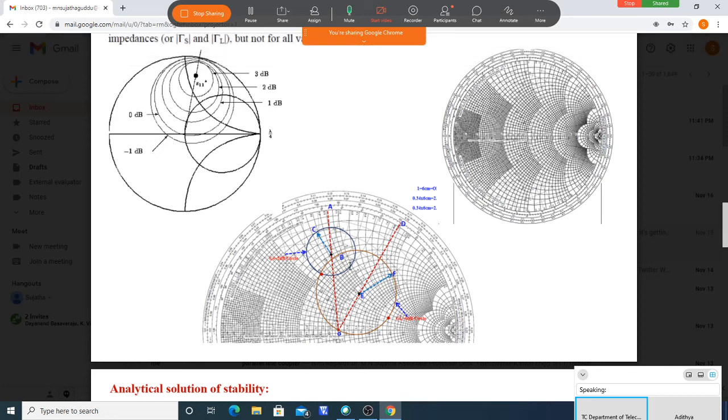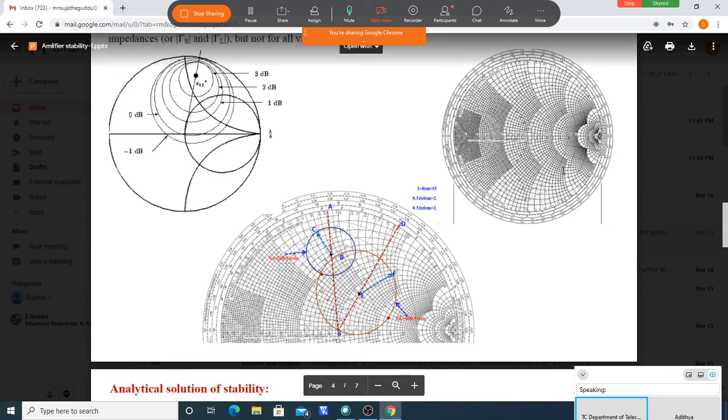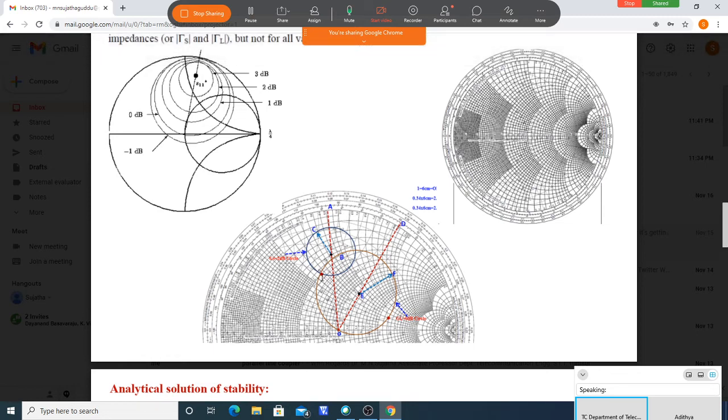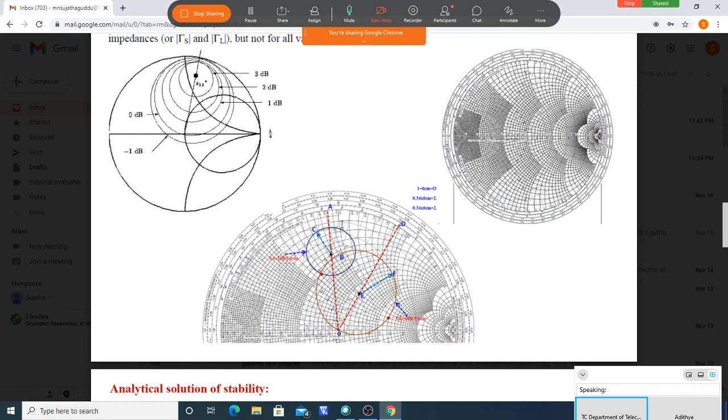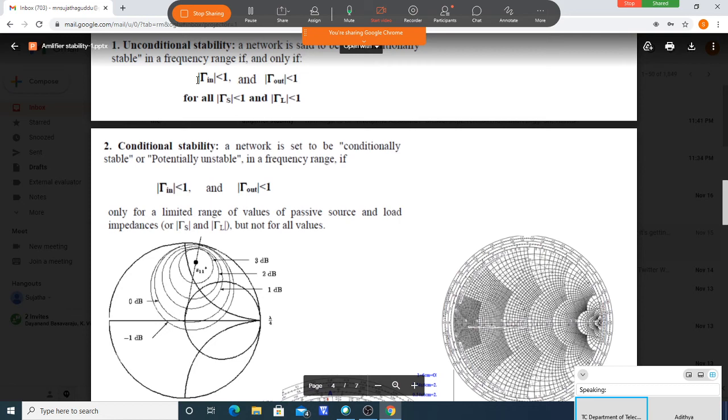You should take a circle like this, and on this circle you can take any value because the entire region is stable. This circle is within this Smith chart. Entire region stable means the values over this circle are also stable. So you can take any value over this circle as a ZS, because all those values give Γin lesser than 1.